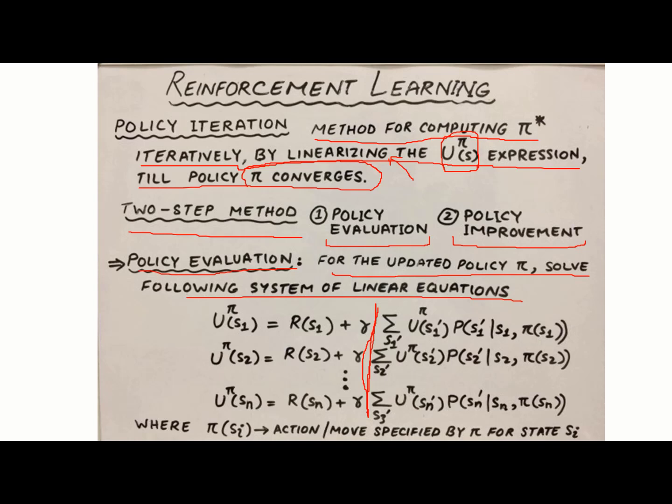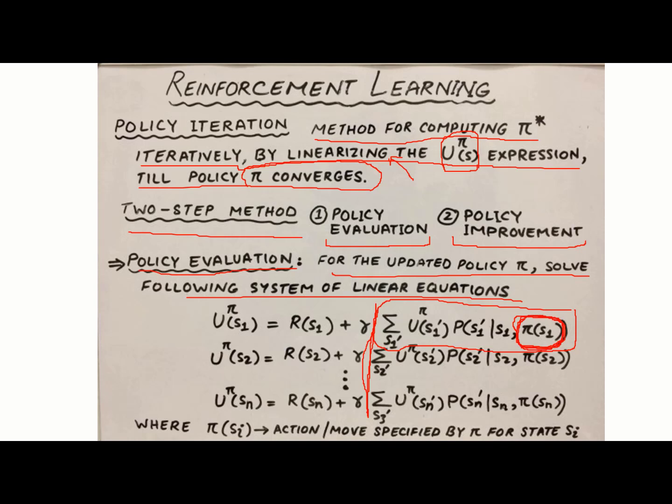And what was that max operator doing? Well, it was calculating the maximum expected utility based upon the set of actions A. So the action that gave us the maximum expected utility was used. But here we don't have those actions coming out as a result of maximization. Rather, the actions are specified by the predefined updated policy, that's pi of s1.